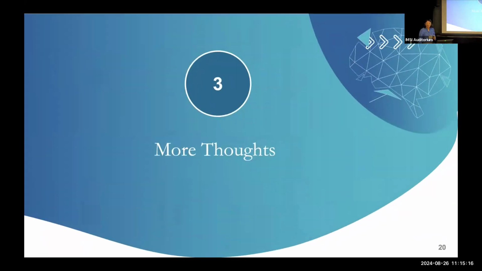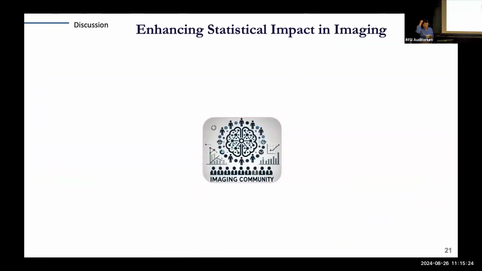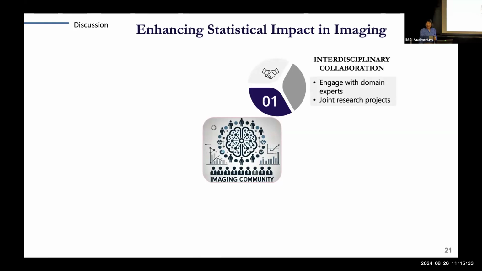Finally, I have 1 minute to share some thoughts about statistics' impact in the imaging community. Here are some strategies based on my research experience. First, I think somebody already mentioned that we need to work closely with domain experts and also computer scientists.